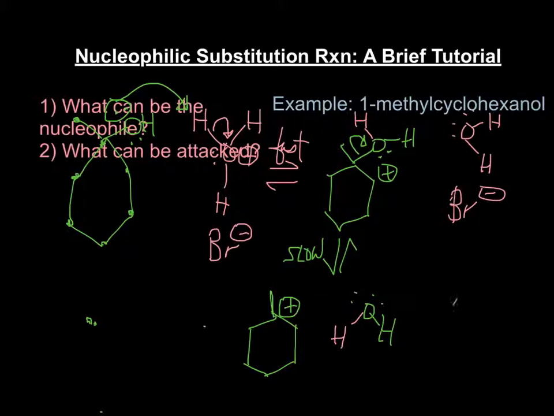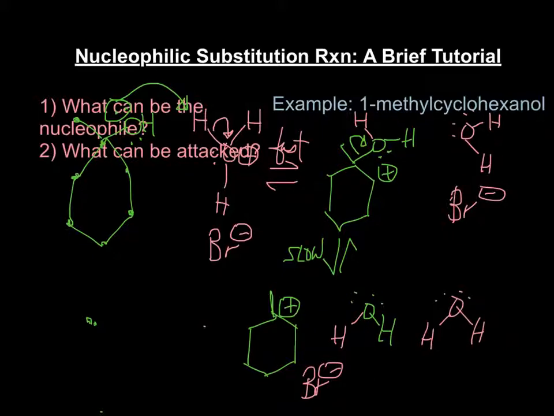We have technically the water from before, which in reality we can't tell one water from the other. And then last but not least, we have the bromine. So for the final step, which is a fast step, it is the nucleophilic attack.